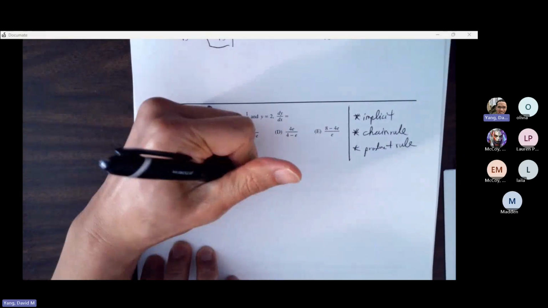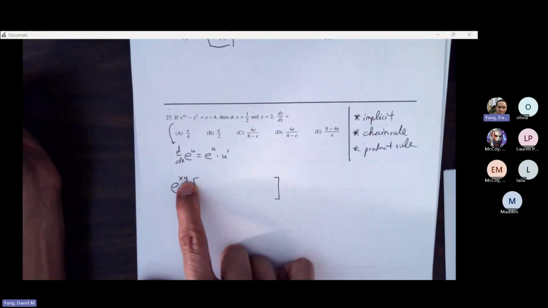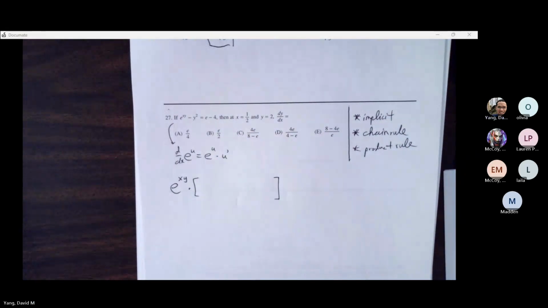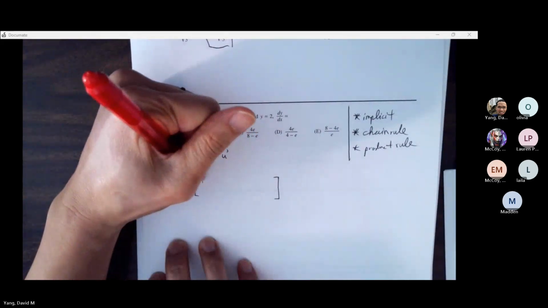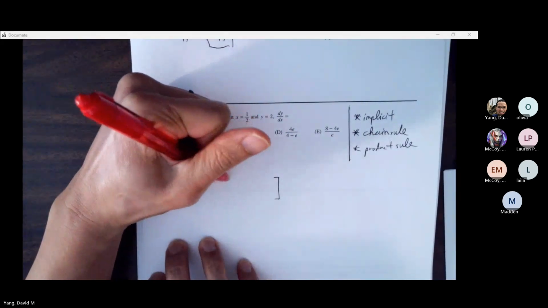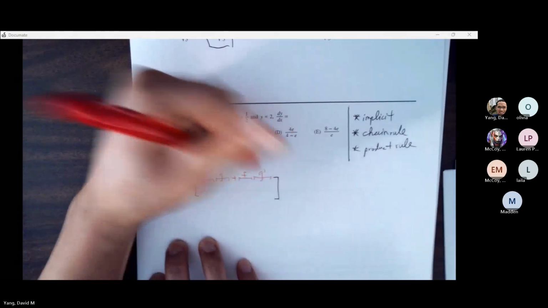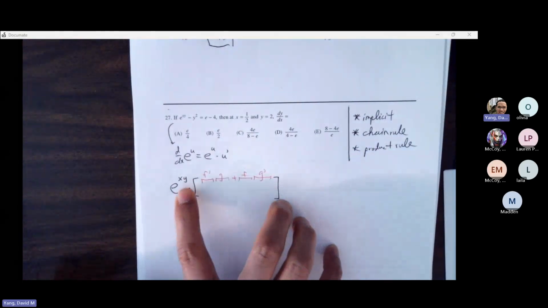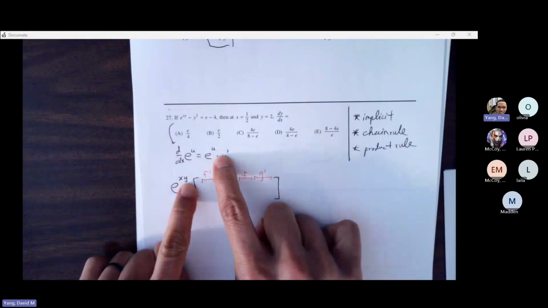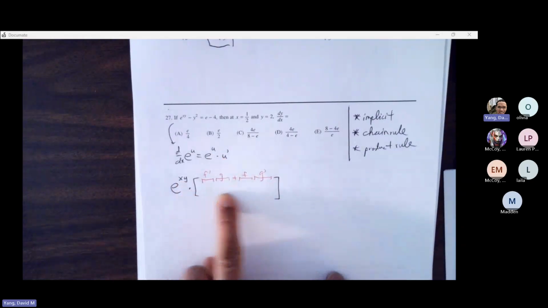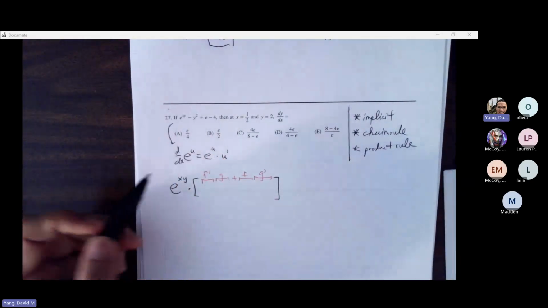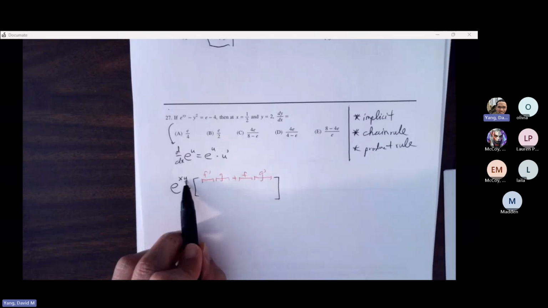So we have to worry about product rule to build out the derivative of xy. So this whole thing is my u prime. E to the u times u prime.